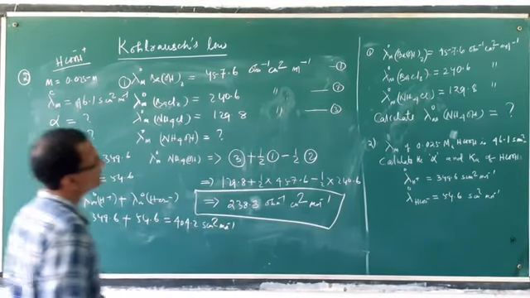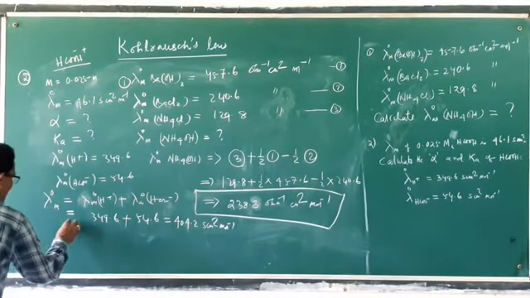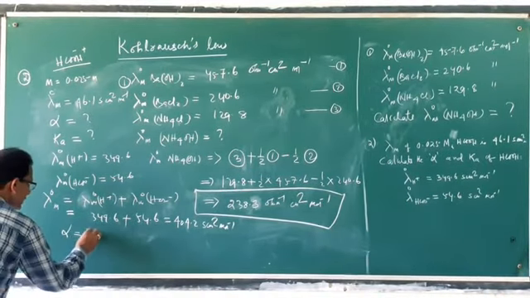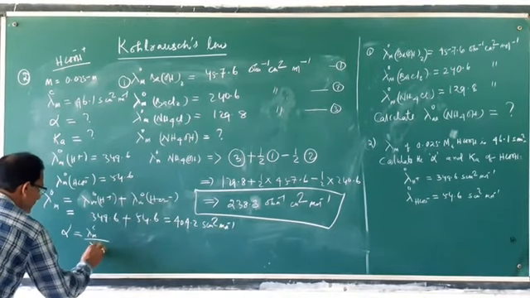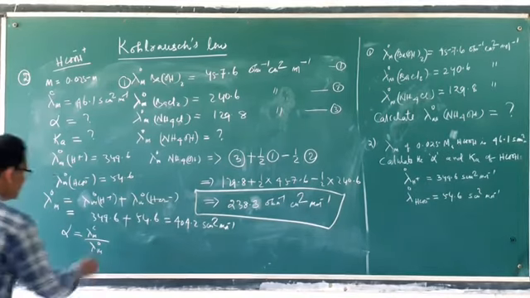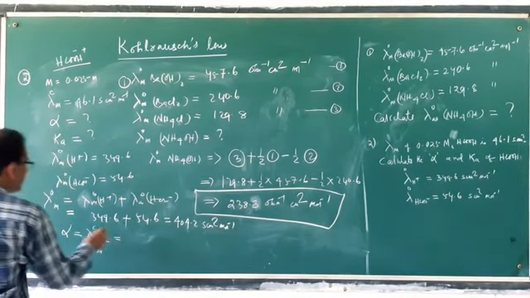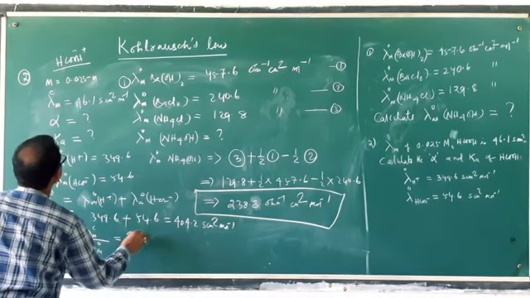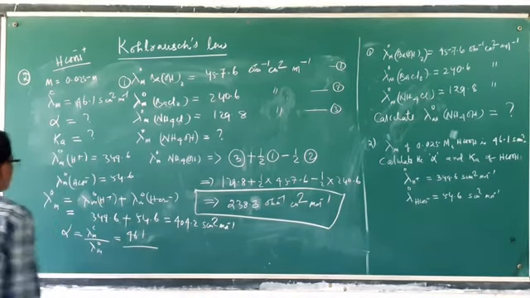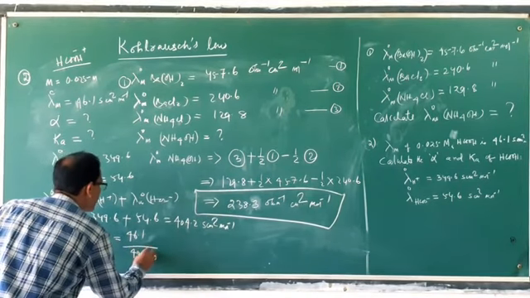Then what is the question? Calculate alpha. What is the alpha formula? Alpha is equal to lambda m c by lambda m naught, which is 46.1 as given in the question, upon lambda m naught, which we calculated as 404.2.